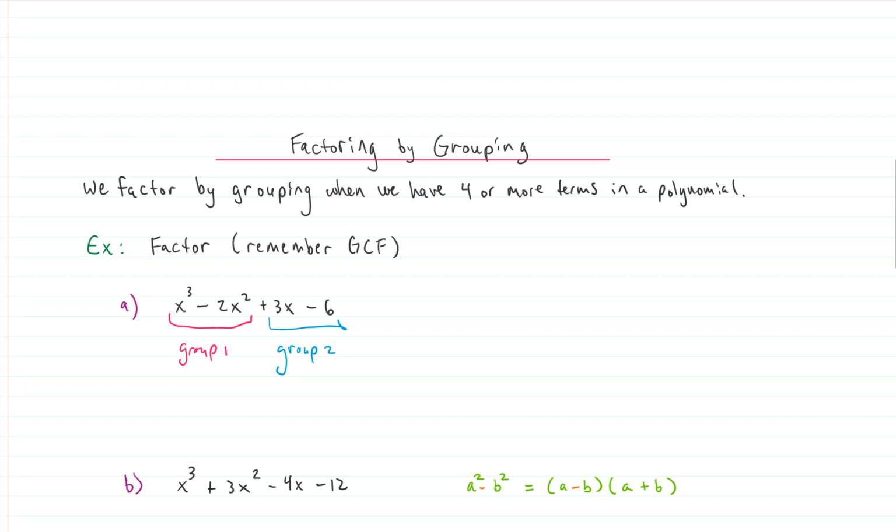Once you choose your 2 groups, and as you're doing this, it's kind of a little bit of trial and error, because if you choose 2 groups and then you pull out what's common in those 2 groups from each of them, and what you have left over doesn't help you, you come to a dead end, then it's not the end of the world.